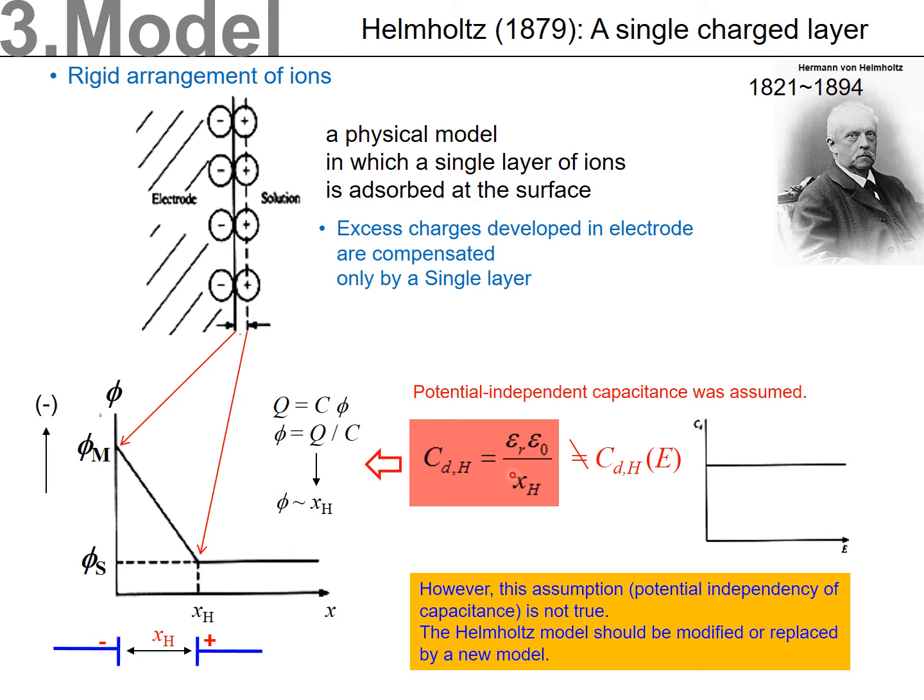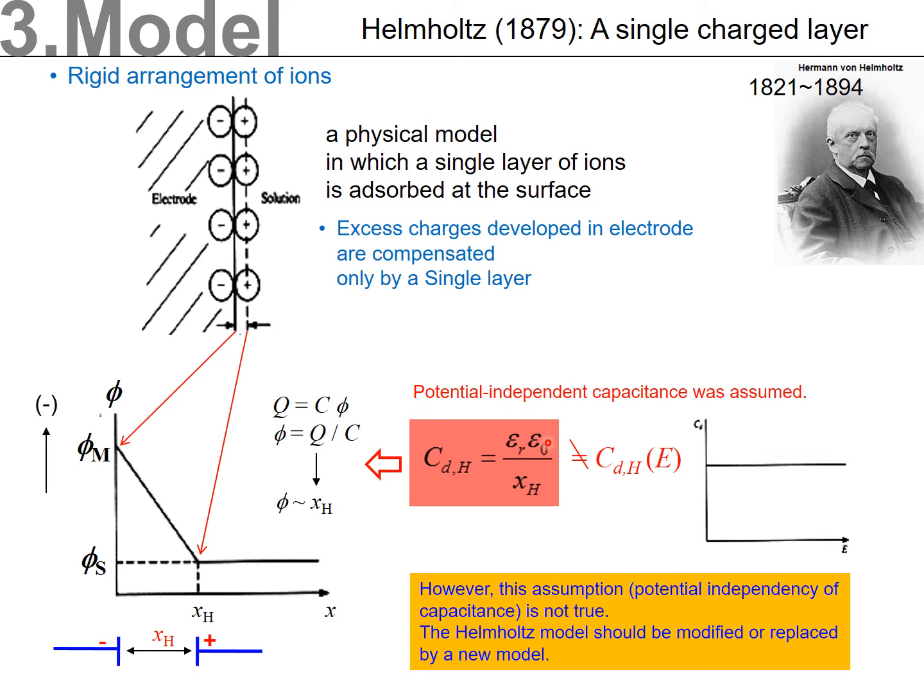So one plate of the capacitor is considered as the electrode, the other plate as the outer Helmholtz plane here. And epsilon indicates permittivity, so epsilon r is the relative permittivity of the electrolyte, and epsilon 0 indicates the permittivity of vacuum.